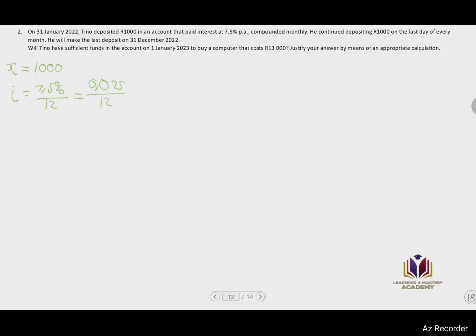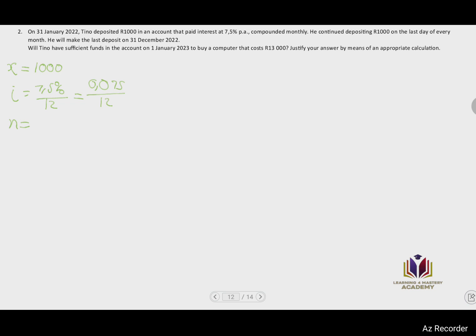That's how I knew that it's a future value. It's an annuity, right? He continued depositing 1,000 on the last day of every month. He will make the last deposit on the 31st of Jan, right? So now we're going to use that to work out our n. It started on the 31st, it ended on the 31st of December.